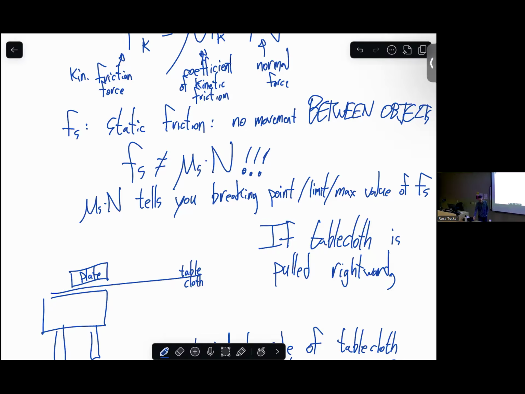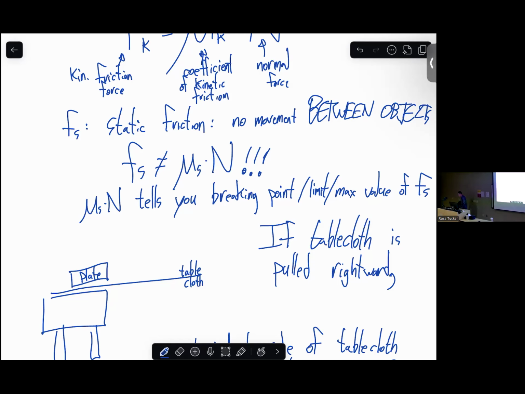Okay, I'm going to apply 0.1 newtons to this phone with my finger. 0.1 newtons. Is the phone moving? No. If I am applying 0.1 newtons and the phone is not moving, what must static friction be providing? Oh, that's too quiet.